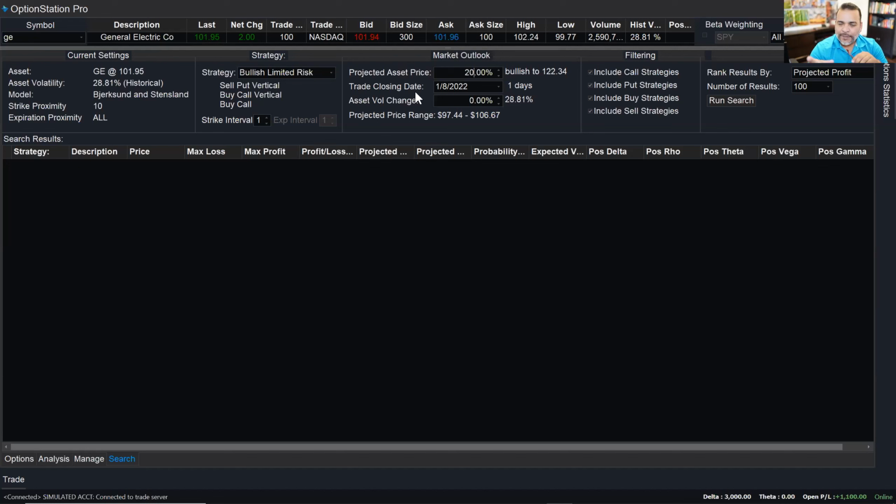Of course, time is a very important factor in the valuation of an option. So by us letting the search know when we are planning on closing the trade, that information is used to present different options strategies. Let's suppose that we think the 20% target is going to be reached in about 30 to 45 days. We're talking about a month and a half.